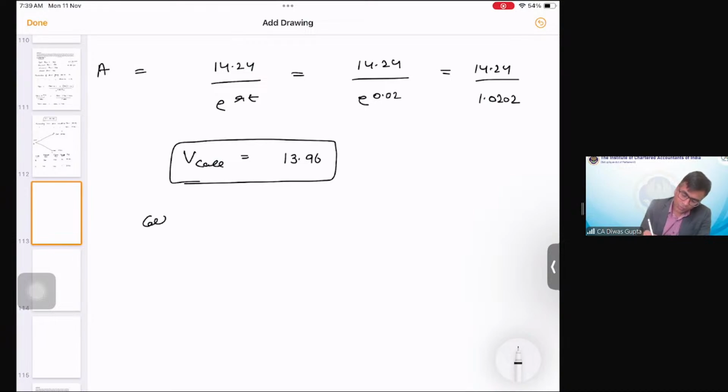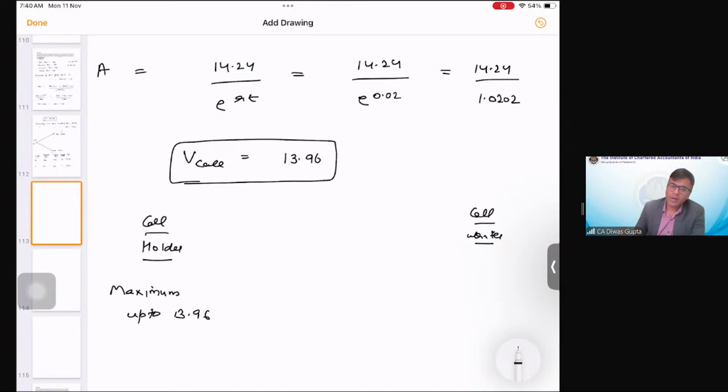So what will call holder and call writer say? Call holder will say that I will pay maximum up to 13.96.